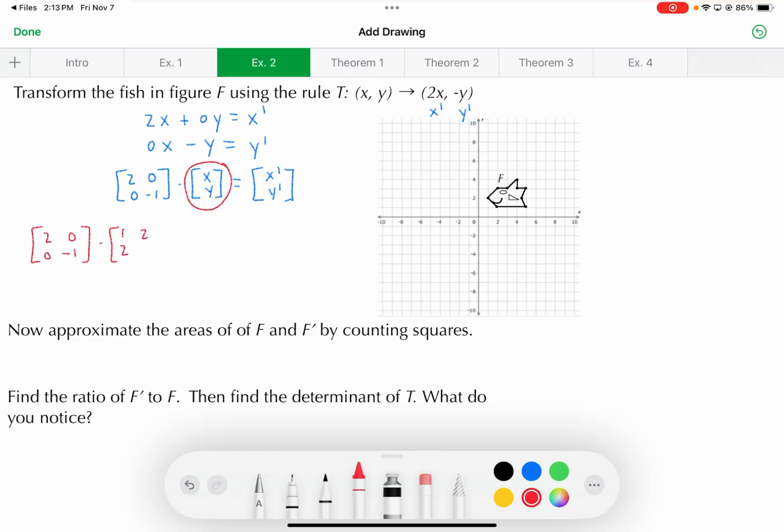So the next I'll put in is 2, 3, 3, 3, 4, 4, 4, 3, 5, 3. Okay, so then it comes in. That's going to be 4.5, 2, 5, 1, and 2, 1.